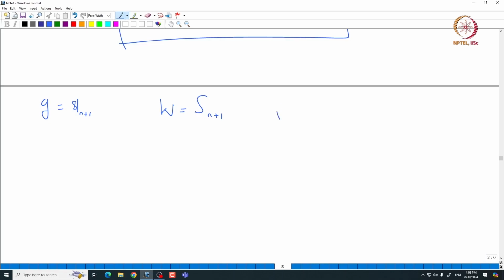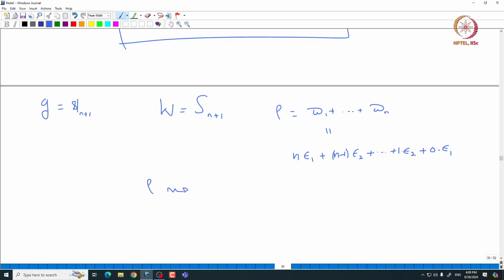Now, you can write rho in terms of the epsilon i basis. Recall that rho is nothing but omega 1 plus etcetera plus omega n in terms of the fundamental weights. If you rewrite this in terms of the epsilon basis, this is exactly n times epsilon 1 plus n minus 1 times epsilon 2 plus etcetera plus twice epsilon n plus 0 times epsilon n plus 1. So, this is going to be your rho.